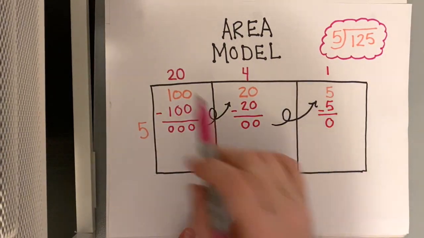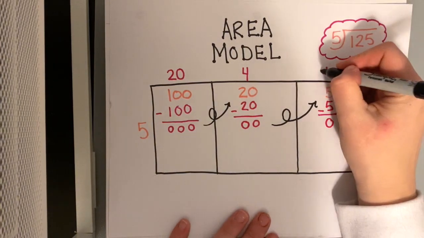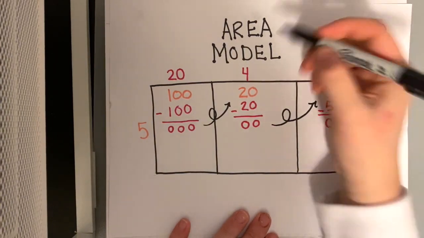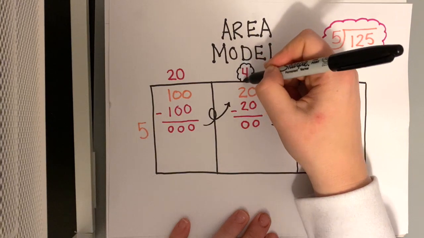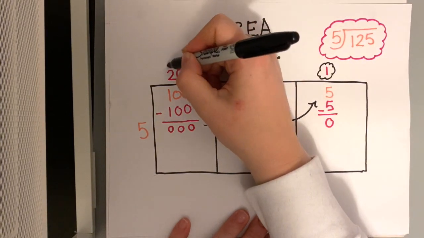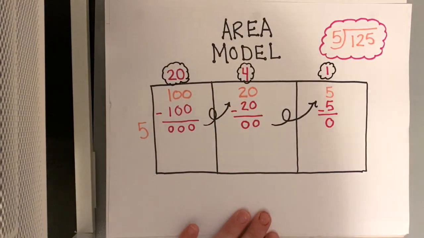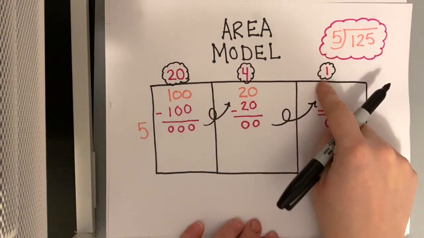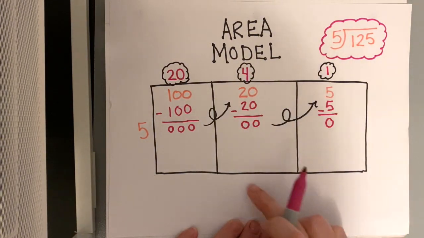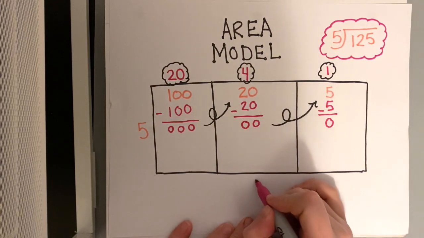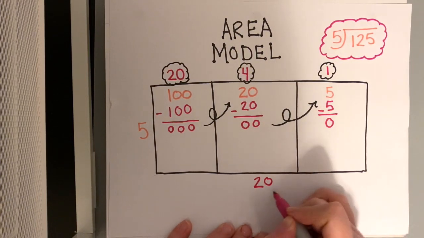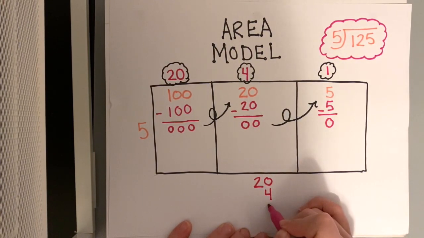Okay, now I have all of these numbers at the top: my 1, my 4, and my 20. I'm going to take all of these numbers and add them at the bottom of my paper. So 20 plus 4 plus 1.